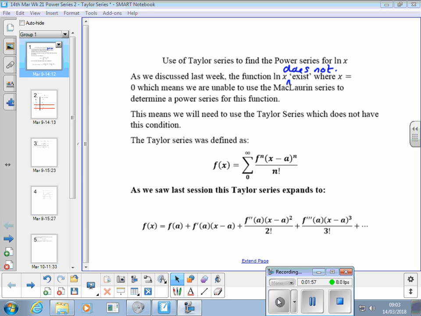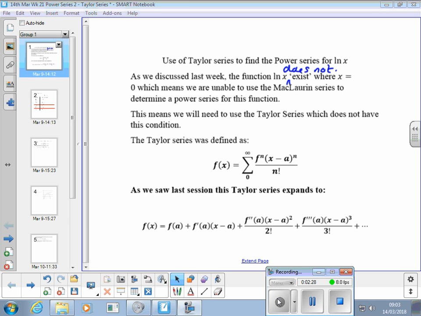If you're asked to do Taylor series, the example expansion will be there. I'll put it in that form, and that will be plus dot dot dot to show that that expansion carries on in the same fashion.